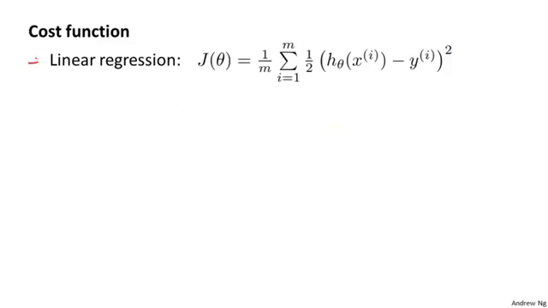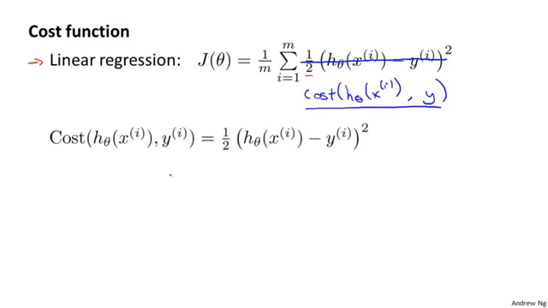Back when we were developing the linear regression model, we used the following cost function. I've written this slightly differently, where instead of 1 over 2m, I've taken the 1/2 and put it inside the summation instead. Now, I want to use an alternative way of writing out this cost function, which is that instead of writing out the squared error term here, let's write in here cost of h of x comma y, and I'm going to define that term cost of h of x comma y to be equal to this.